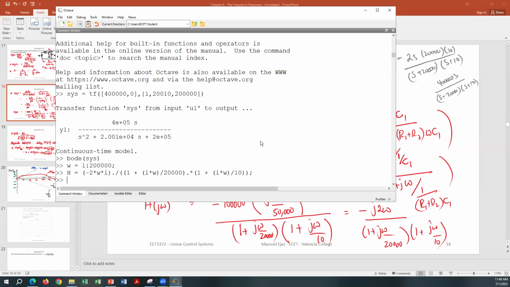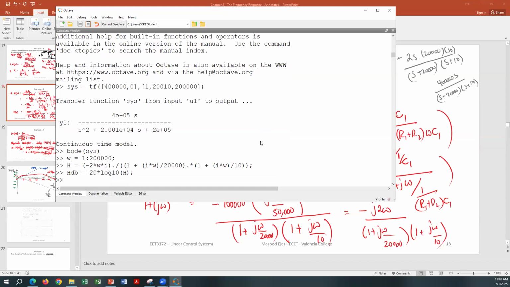Now basically you are plotting the Bode plot, which is the decibel plot. So you're going to take H, let's say H decibel is equal to 20 times log to the base 10 of H. And now you can plot semilogx of omega comma magnitude of H decibel.